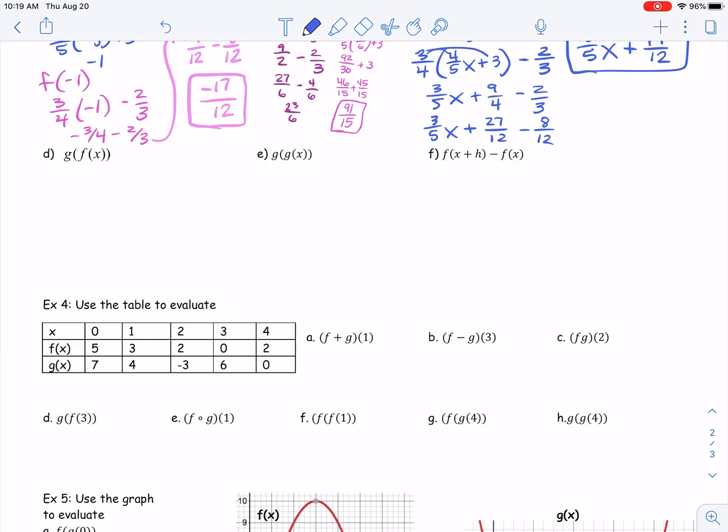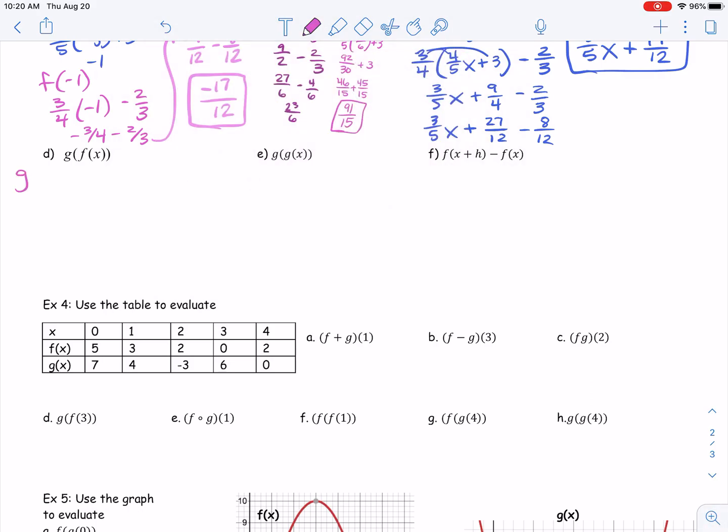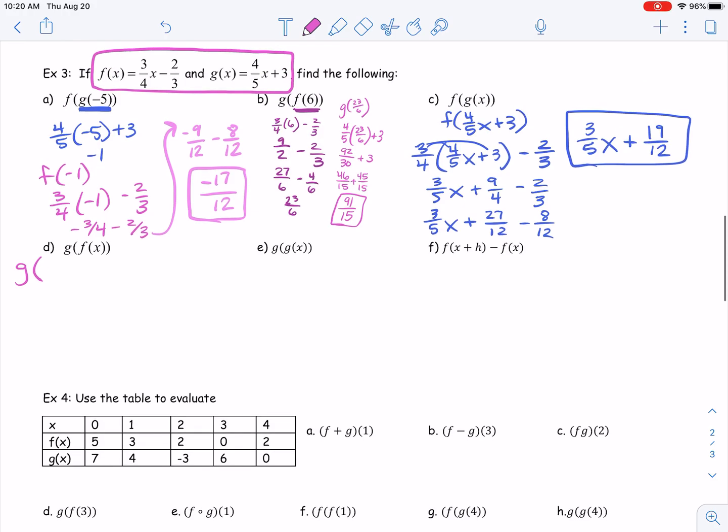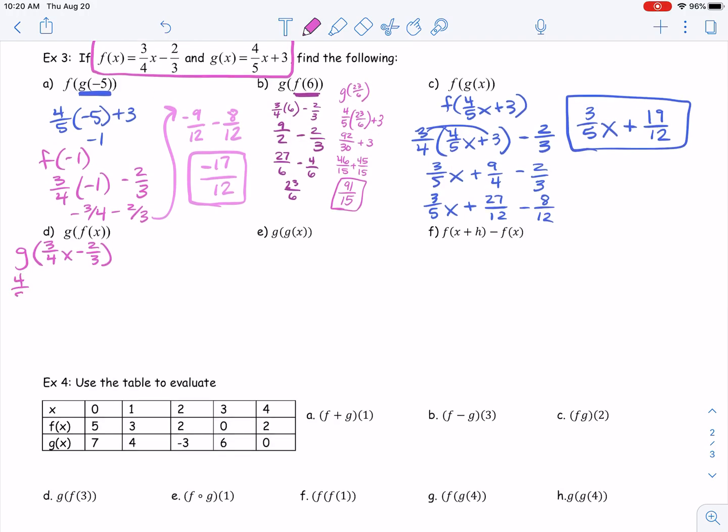All right, going into part D, g of f of x. So kind of the same thing, but flip-flopped. I'm taking all of f of x and putting it inside of g. So I'm really wanting g of 3 over 4x minus 2/3. Rewriting that, that'll be 4 over 5 times 3 over 4x minus 2/3, and then plus the 3.